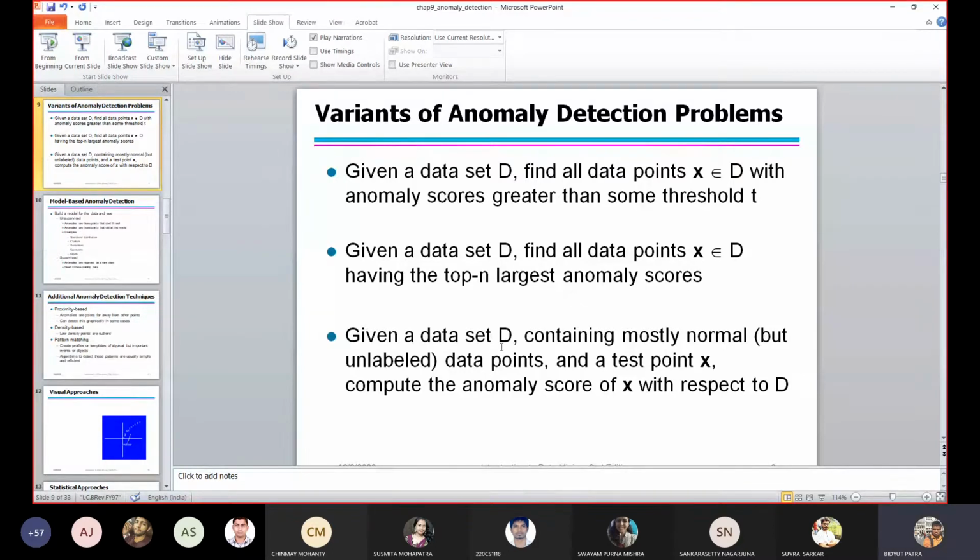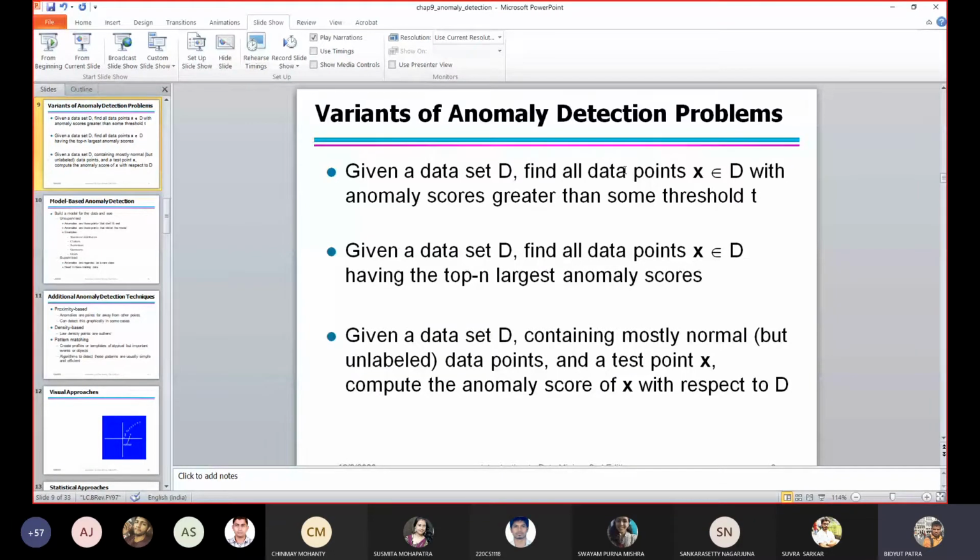Given a dataset D containing mostly normal points and a test point X, compute the anomaly score of X with respect to D. So here you have only the normal points. Earlier, the data given was a mixture of normal and abnormal points, and you picked out only the abnormal ones.